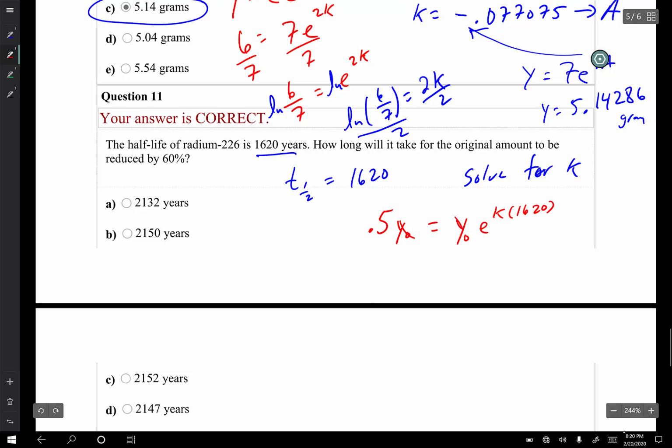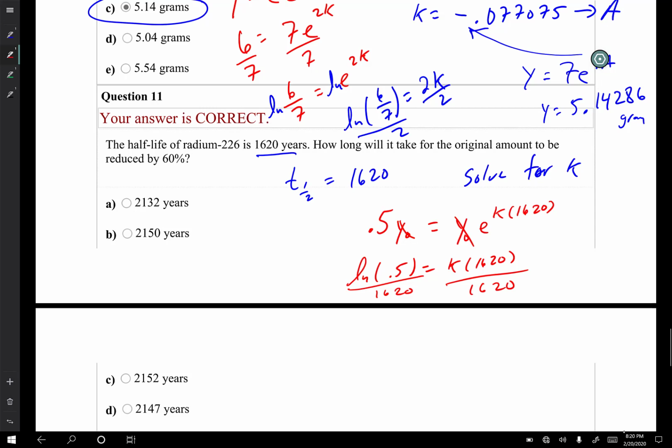Y naughts cancel out, ln, so ln of 0.5 equals k times 1620, divided by 1620, divided by 1620. And if you would have Googled half-life, maybe you would have found something like negative ln2 over 1620 would give you your k value, but no big deal. We just derived it here.